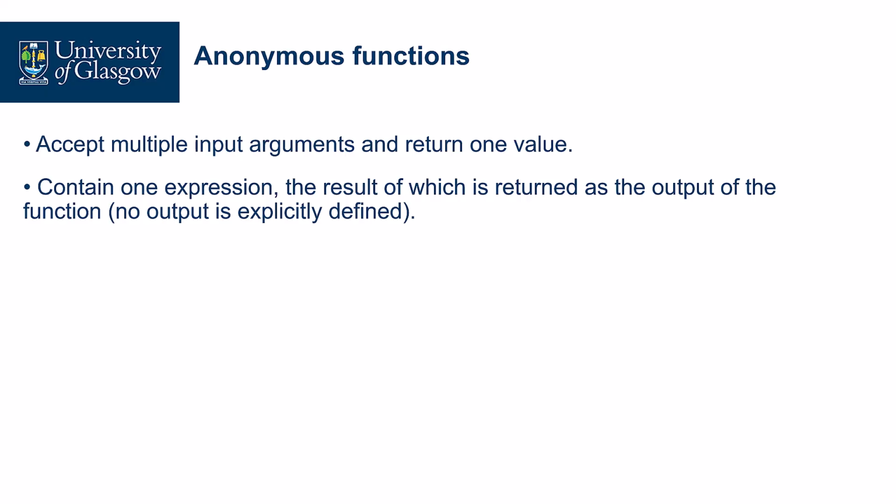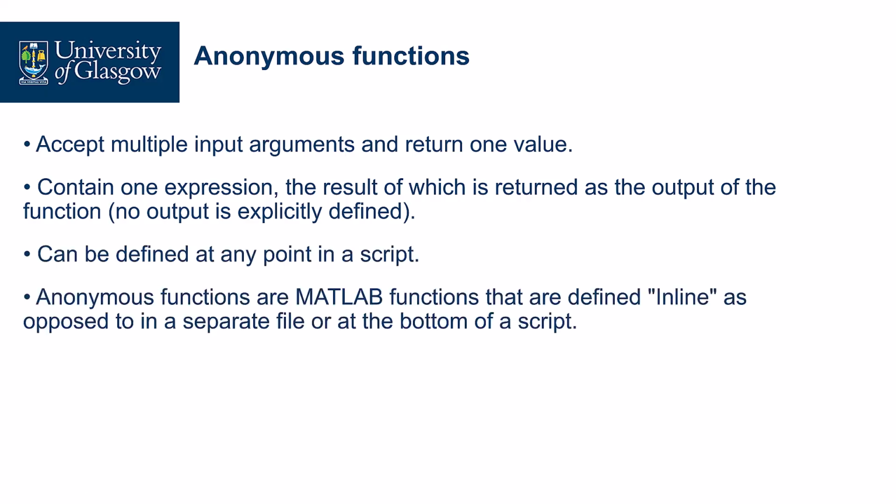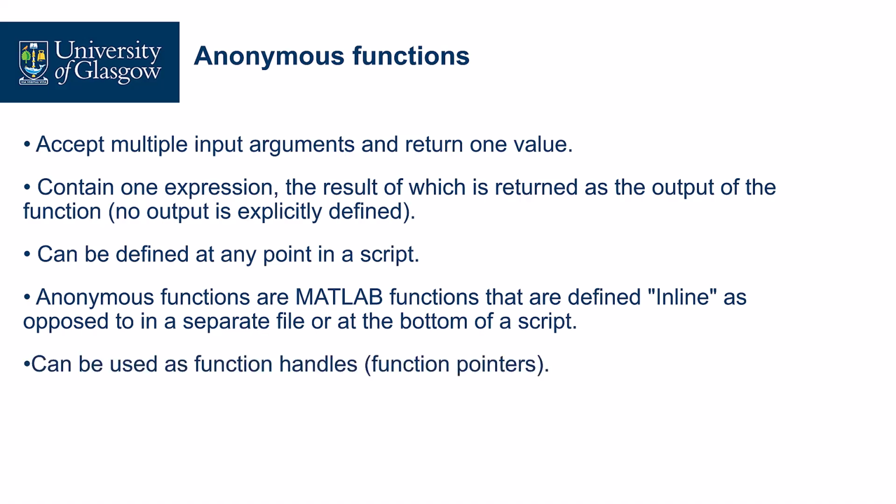Unlike what we have said previously, where we need to write a separate function file, or at the bottom of a script, an anonymous function can be defined at any point in a script, wherever you can. Eventually, an anonymous function can be used as a function handle, or we call it function pointers.